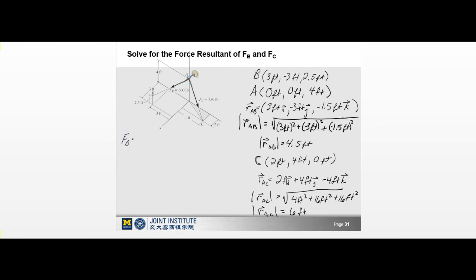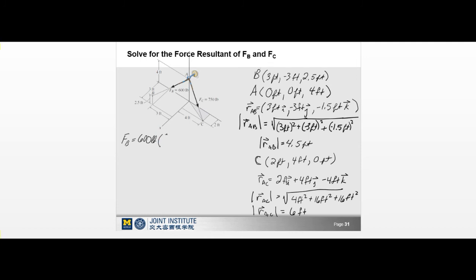So what we're going to do first is FB is equal to 600 pounds times the unit vector of FB.